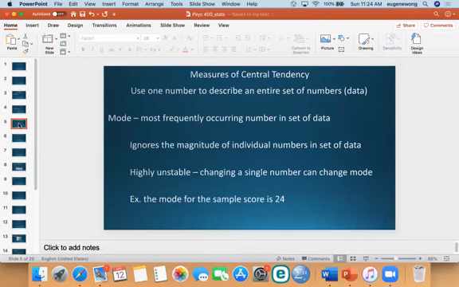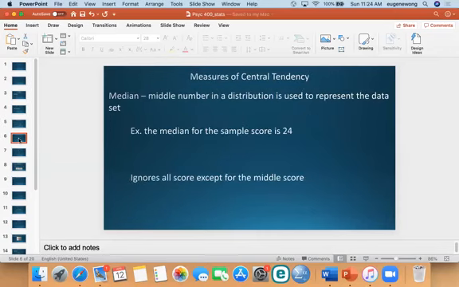So that's why we have other examples of measures of central tendency. We have this thing called the median. The median is the middle number in a distribution of numbers, and we use the number that's right in the middle to describe the whole set of data.